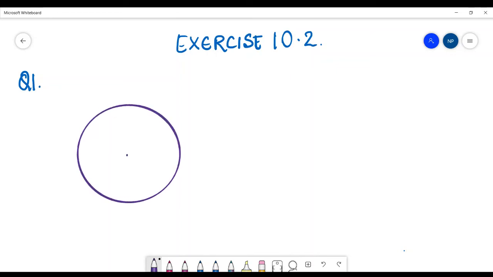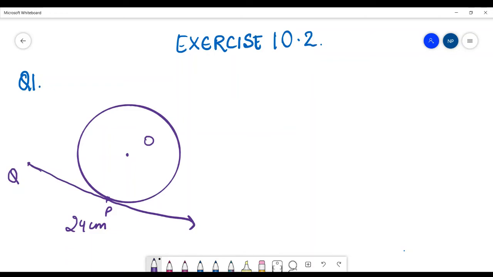This is the point O. Clearly the point Q is somewhere outside the circle, right? So let this be point Q. They are saying from a point Q the length of the tangent is 24 centimeters. Suppose I draw the tangent like this. Let this be P. So QP will be 24 centimeters.